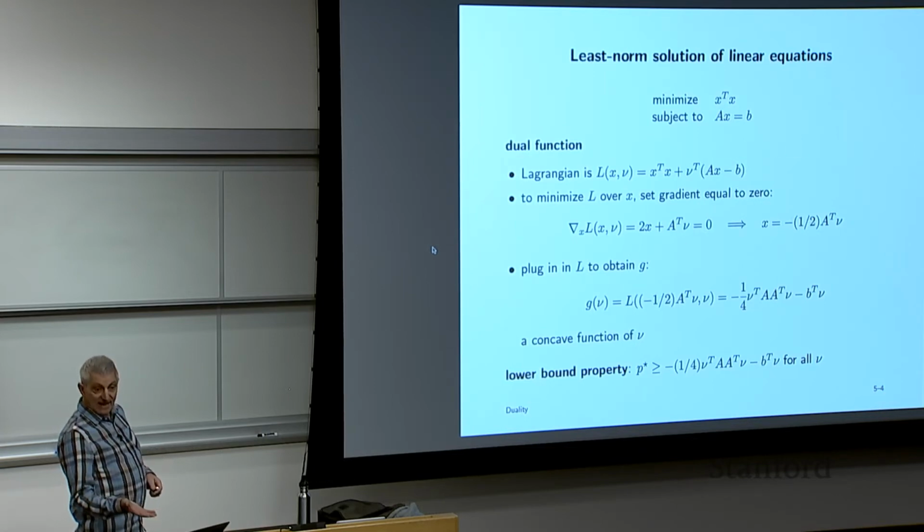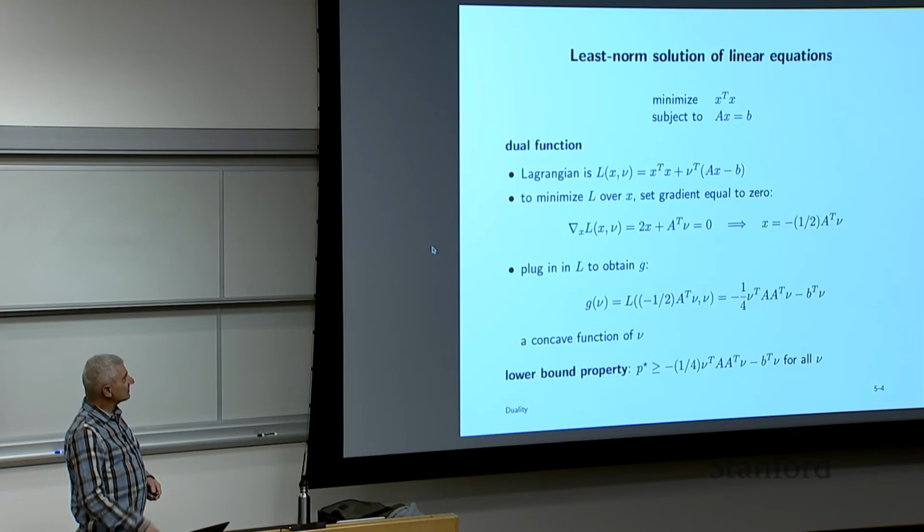We minimize that to get the dual function. To minimize that, you just set the gradient equal to 0. It's a set of linear equations, and you get x is that, okay? Now I plug this x back into L, the Lagrangian, to find what g of nu is. And when I do that, I get g of nu is this thing here.